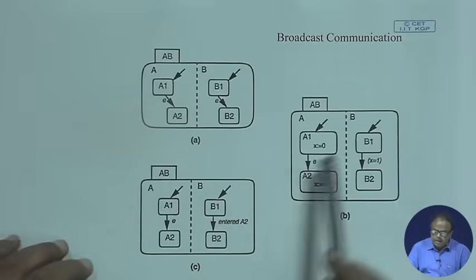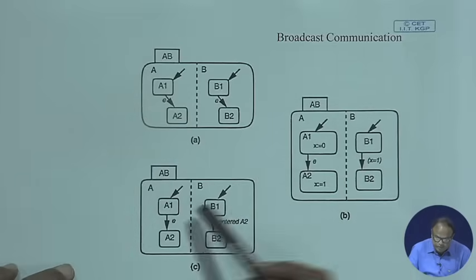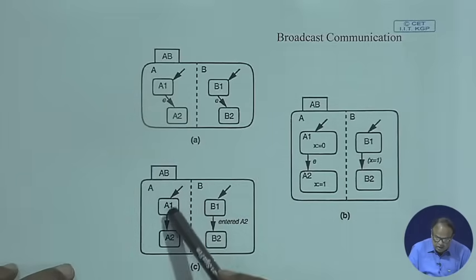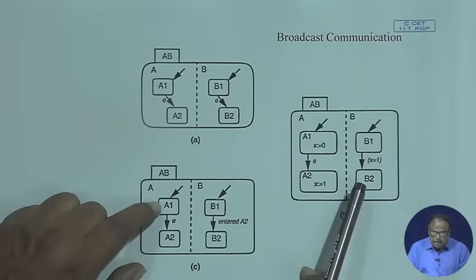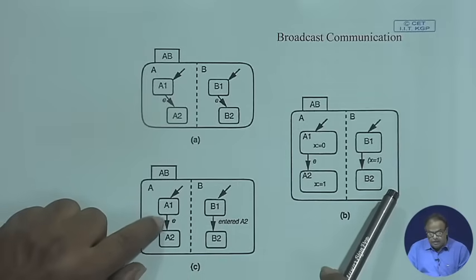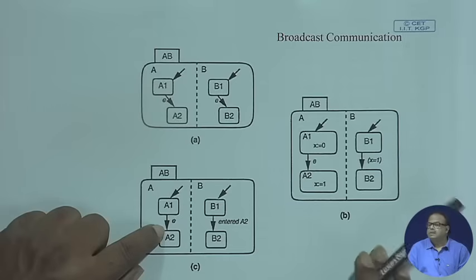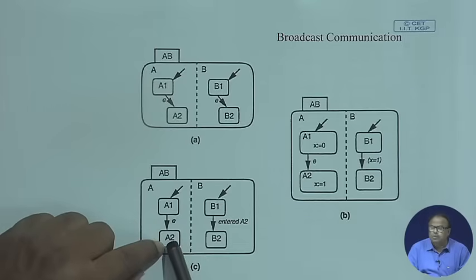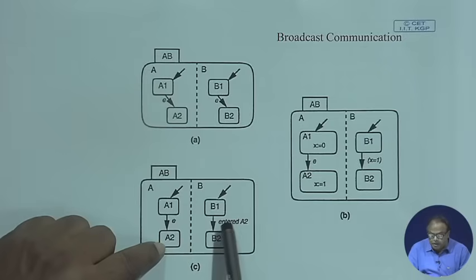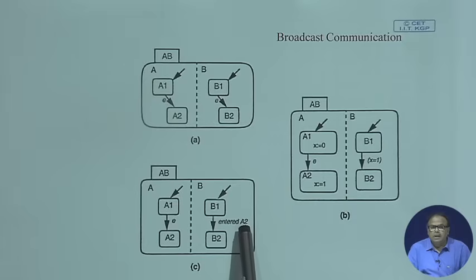Here is another example. I am in state A1 and an event E takes place. So, I have entered A2. This entering A2 is again an event, because it is being treated as an event here. You can read this as entered A2.